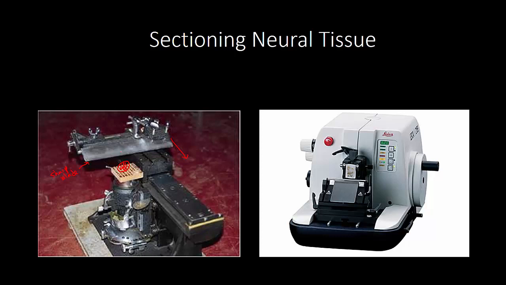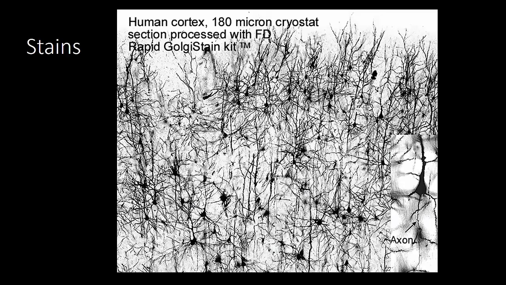I take a paintbrush, I pull that off, and I put it into saline. There it'll expand out, and then I can mount it on a slide. Okay, it's pretty basic.